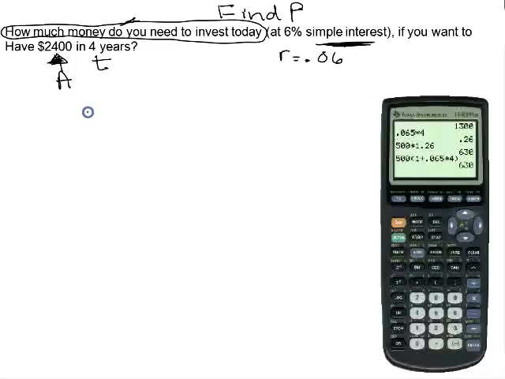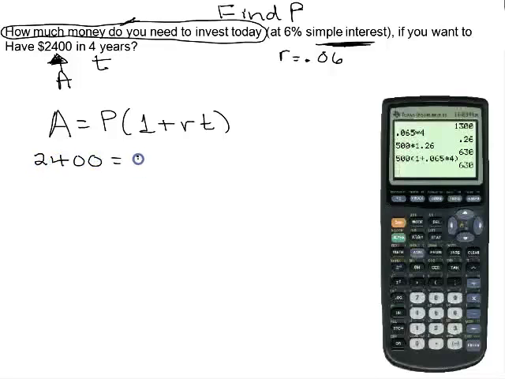So I'm going to use the simple interest formula that relates the future value A to the original investment, the principal P. So we have A equals P times 1 plus RT. 2,400 equals P times 1 plus 0.06 times 4. And I'm going to type what's inside the parentheses in my calculator.